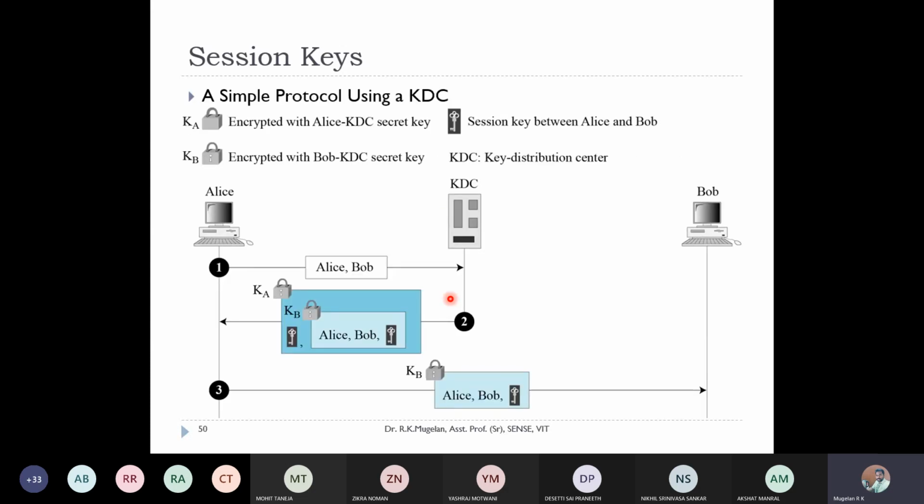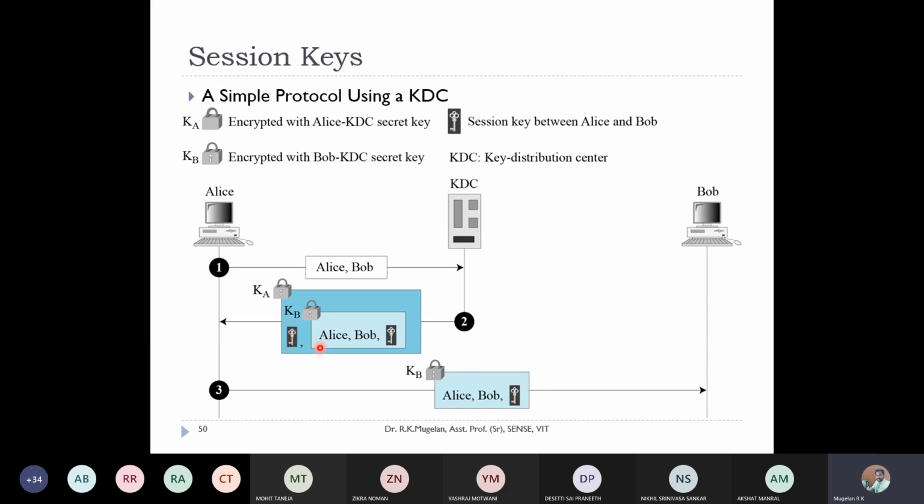For example, Alice wants to communicate with Bob. Alice will send a request to the KDC stating to whom she wants to communicate. Then the KDC will give a packet for Alice as well as for Bob. The Alice packet will be encrypted using the key which is known only to Alice and the KDC. It will have a session key.